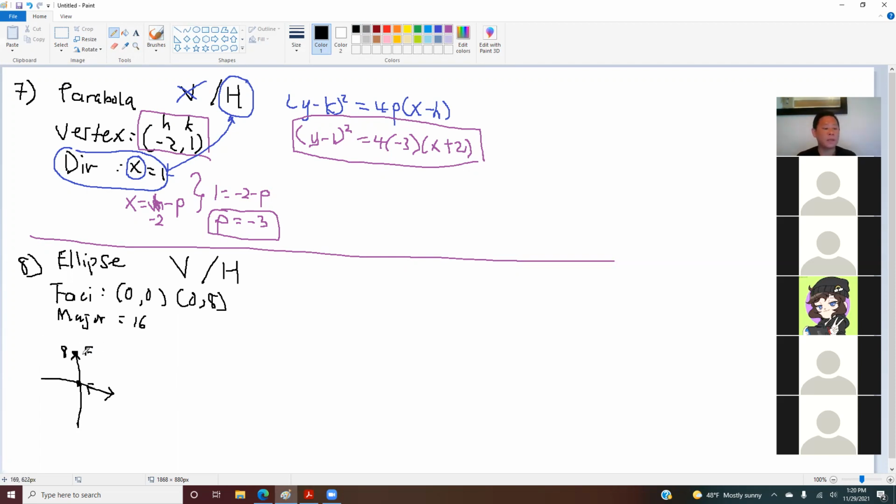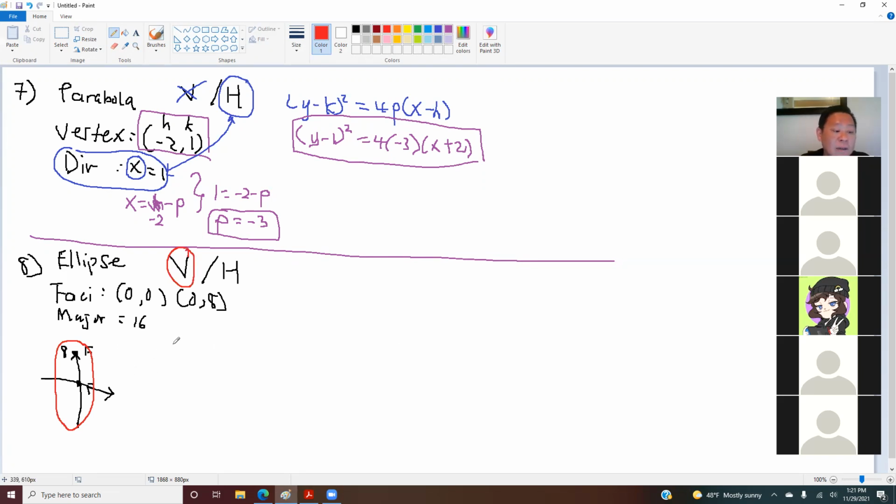Can someone tell me, are these foci on the vertical or on the horizontal? (0, 0), (0, 8). Is it on the vertical line or on the horizontal line? Since they are on the same y-axis, they are on the vertical line.